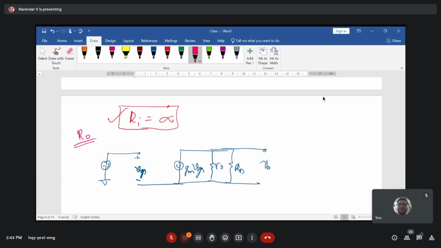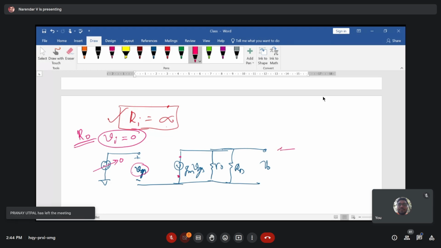When you calculate the output resistance, the condition is that the input signal V input must be 0. So this signal is made 0 so that VGS is equal to 0, and then GM times VGS is also going to be 0.